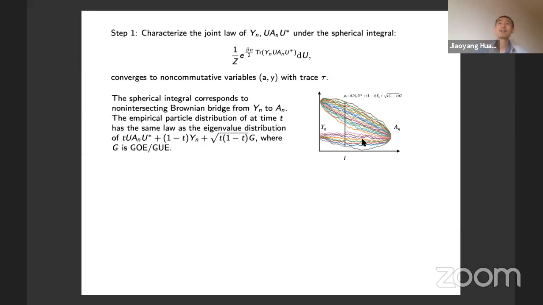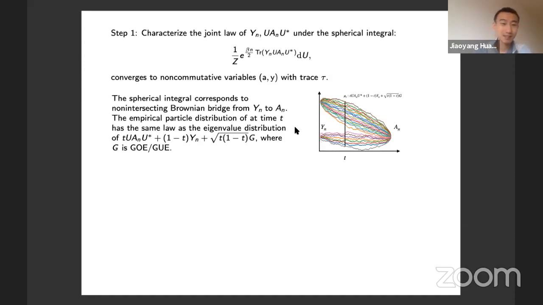It's very similar to the Brownian bridge. For example, if you consider Brownian motion from A to B, at time t there is another description of the law: it is simply a Gaussian random variable with mean given by the interpolation from A to B, plus a mean-zero Gaussian with variance square root of t times square root of 1 minus t.